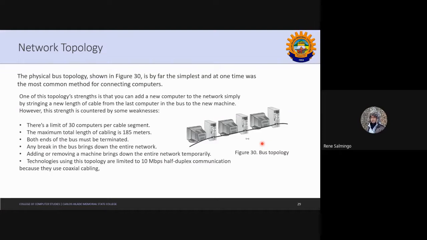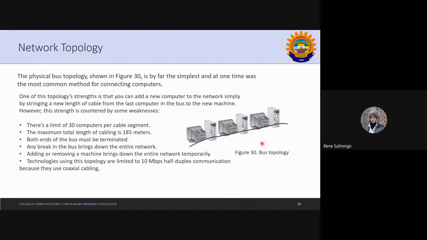It's one of the oldest topologies that we have. You can add a new computer to a network by simply stringing a new length of cable from the last computer in the bus to the new machine.